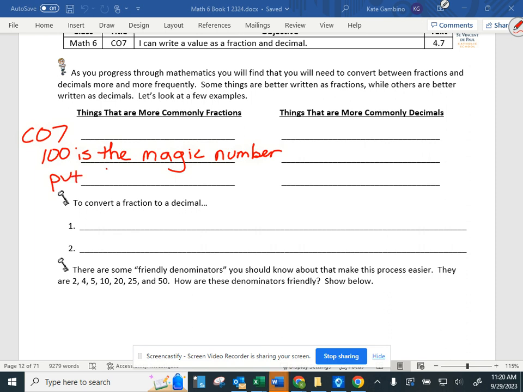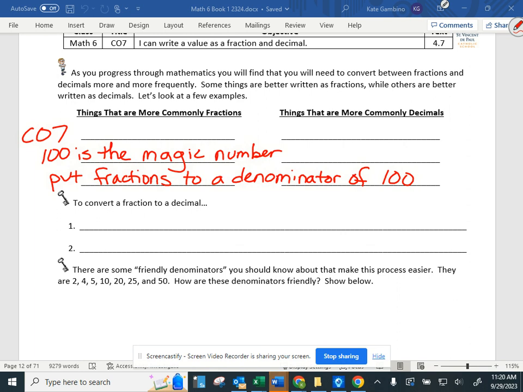Put fractions to a denominator of 100. Whatever we do to the denominator, we do to the numerator.